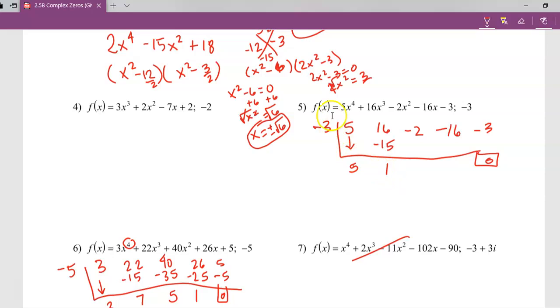That'll give me a +1. -3 and 1 is -3, which gives me a -5. -3 times -5 is 15, which would give me a -1. And -3 and -1 is 3. So we have 5x to the third plus x squared minus 5x minus 1.